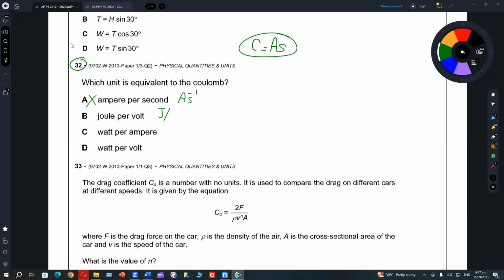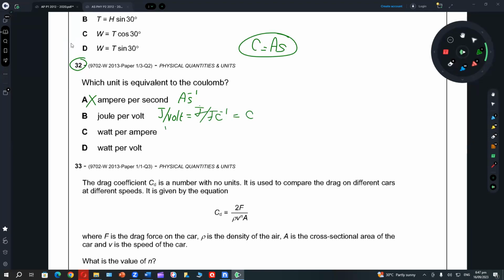Joule per volt. Okay, joule is Newton meter, and what is volt? Volt is joule per coulomb. Joule upon joule per coulomb. You can cancel joule and coulomb will come up.